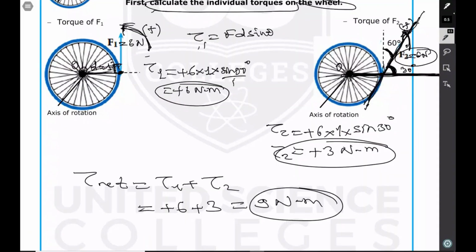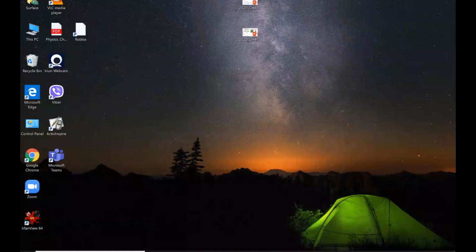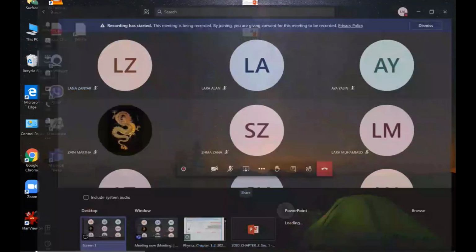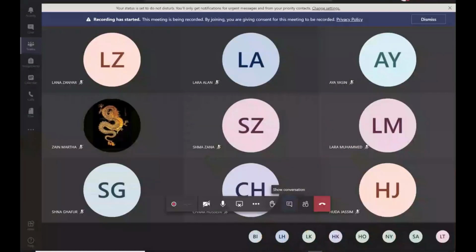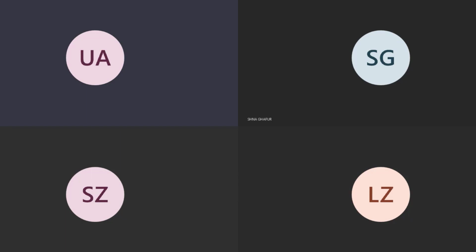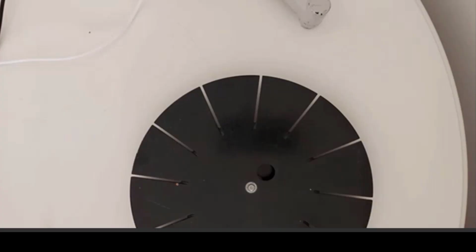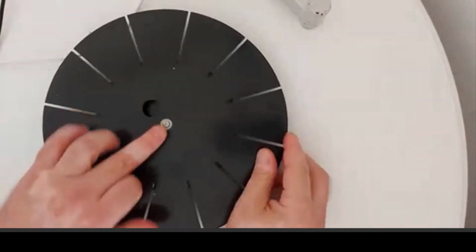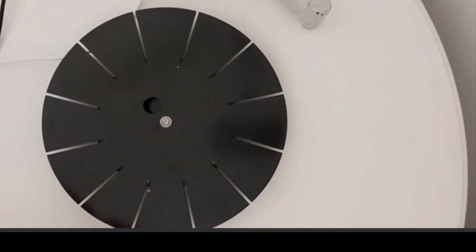I'm going to show you how to find the direction of the torque, positive or negative, now by sharing my camera. Okay, so let me stop screen sharing, and then I will open my camera. So this is the disk. This is the axis of rotation, the center.